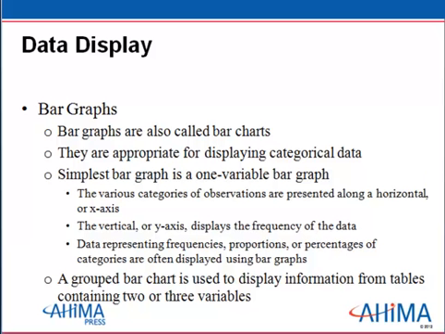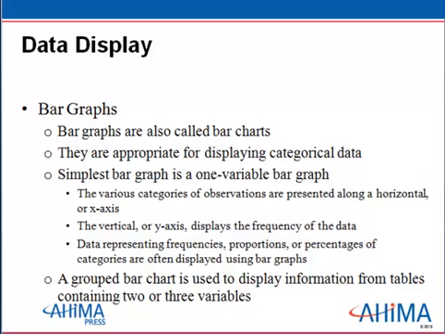Bar graphs, or as some people refer to them, bar charts, are appropriate for displaying categorical data. The simplest bar graph is a one-variable bar graph. In this type of graph, the various categories of observation are presented along the horizontal or the x-axis.